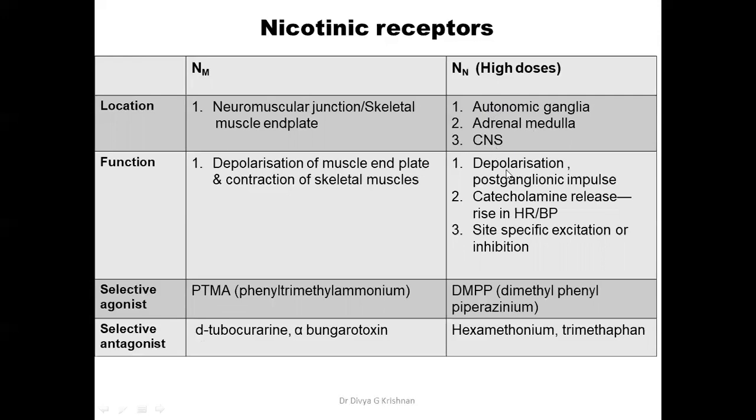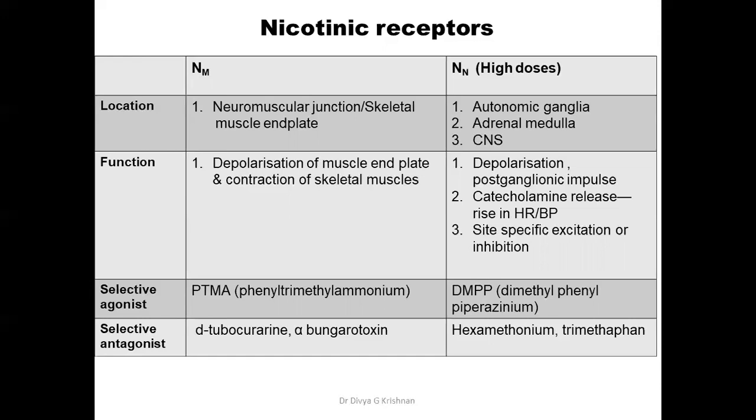So the stimulation causes depolarization and release of catecholamines, that means noradrenaline, adrenaline and so on, and this can cause a high rise in heart rate and BP. The selective agonist is DMPP and the selective antagonists are hexamethonium and trimethaphan. So at this point, just remember that nicotinic receptors are stimulated at high concentrations of acetylcholine.